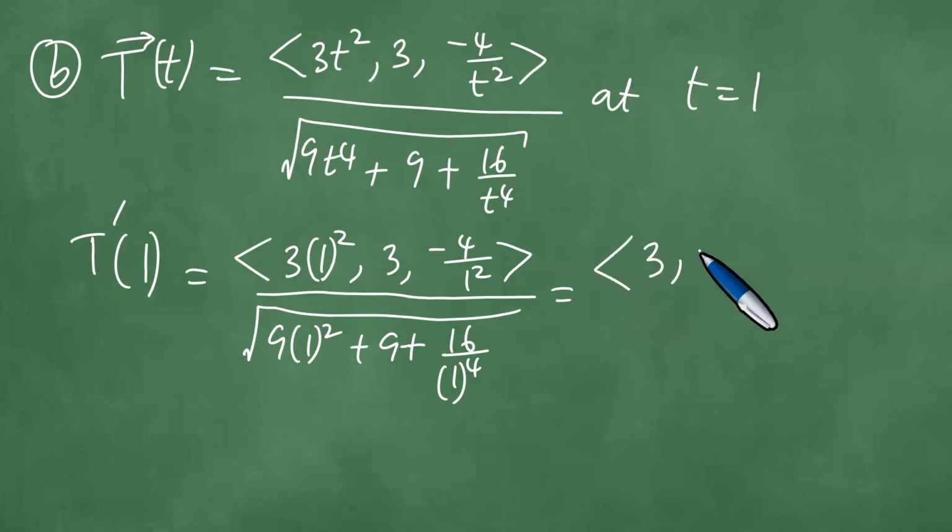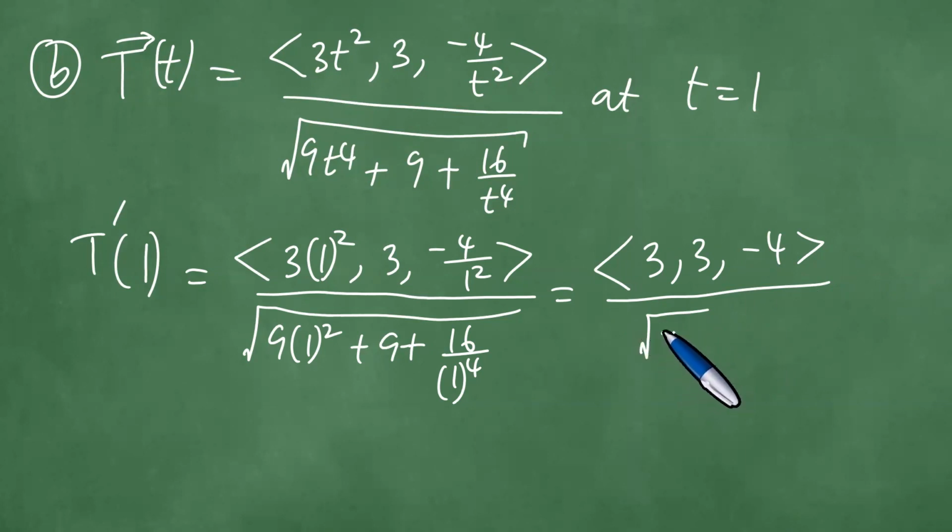This is 3, 3, minus 4, divided by the square root of 34.